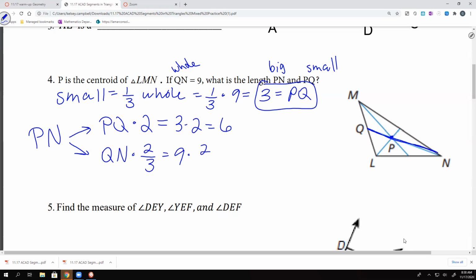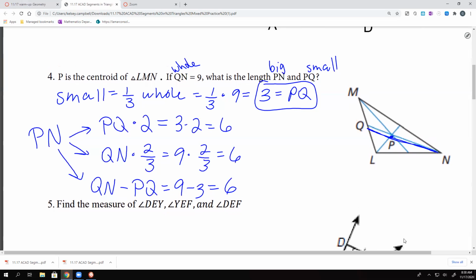So 9 times 2/3, which was 6. Or you could take QN and take away PQ. So 9 minus 3. So it's 6, no matter which way. Okay? So however is easiest for you to see, you choose one of those. Did we get that down? Okay.